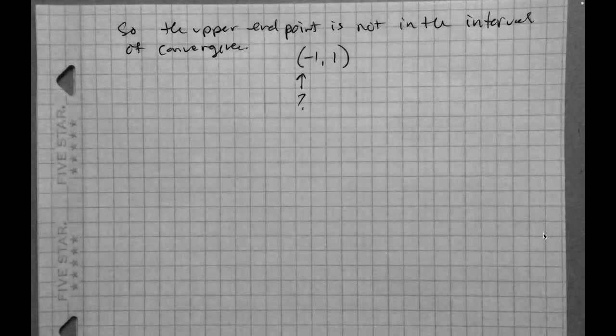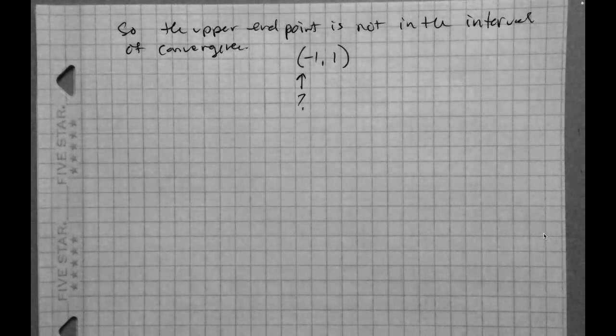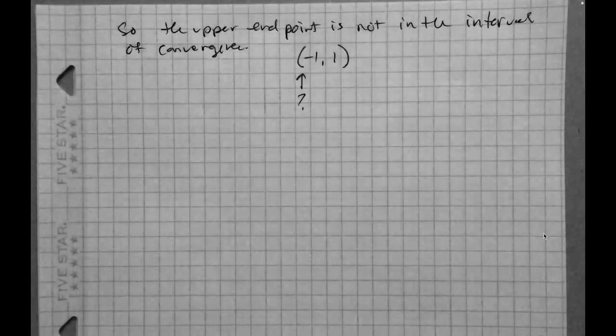Now what about the lower endpoint? This is again the same situation as the previous. This is an alternating series, and we would simply have to note that fact, and that's all we need.